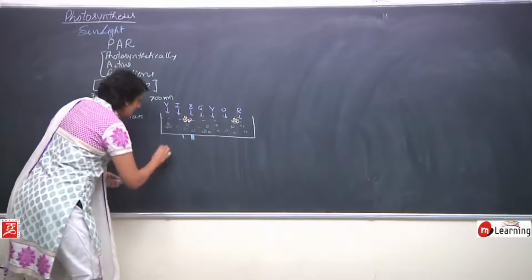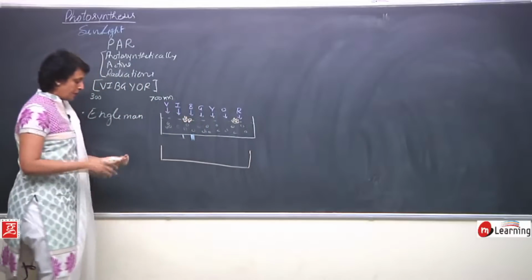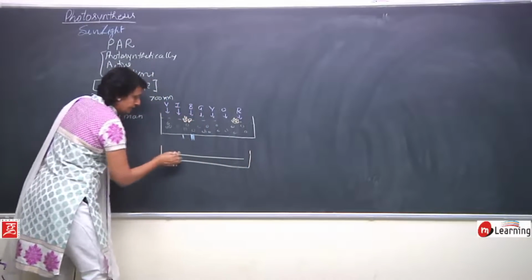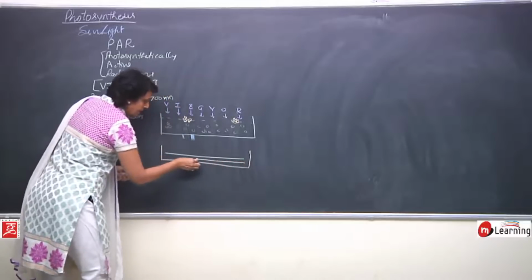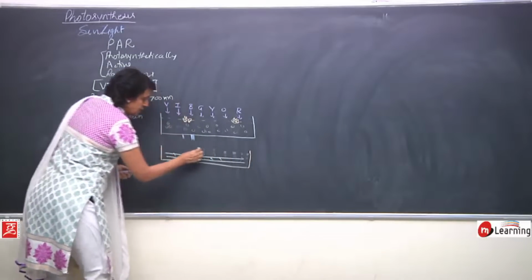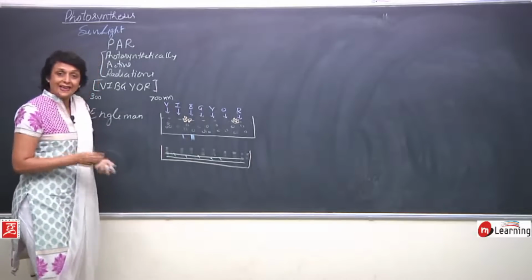A slightly different modification was also seen. It was the same thing but a slightly different experiment, where a filamentous green alga like Spirogyra was taken, and this was all in water.